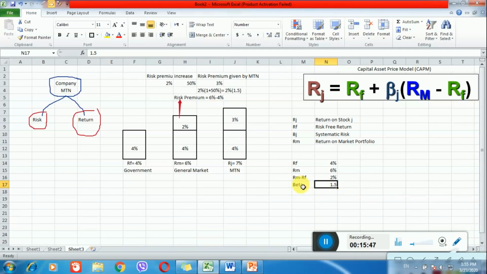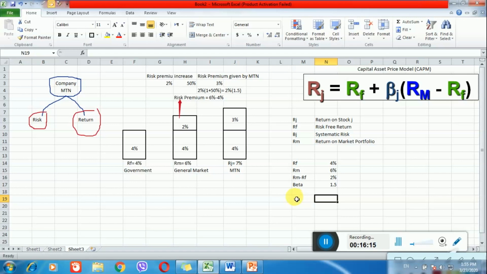So in simple terms, the beta shows the systematic risk, meaning how much risk is in the MTN company. You can say 50% higher than the general market. If it is 1.5, it means 50% higher. If it is 1.1, it means 10% higher. If it is 1, it means the risk in the MTN company is the same as the general market. The risk is the same.